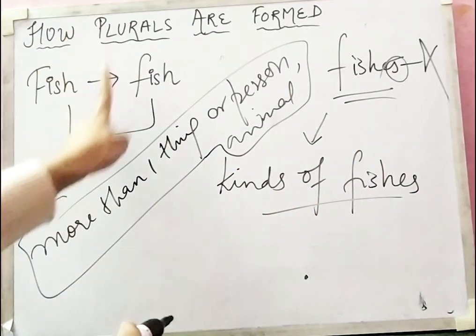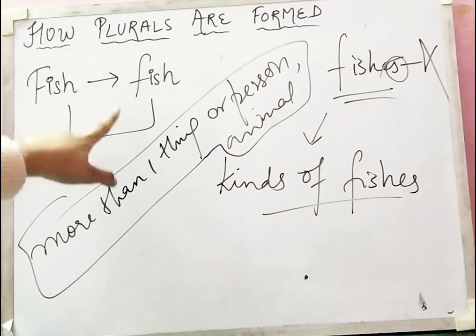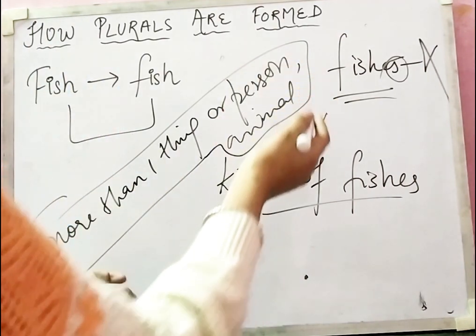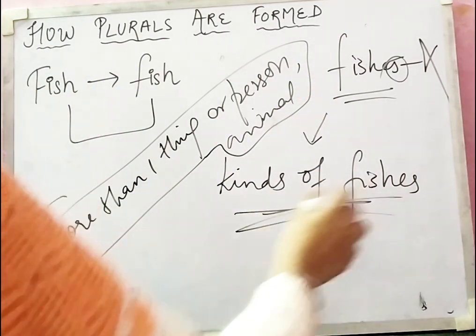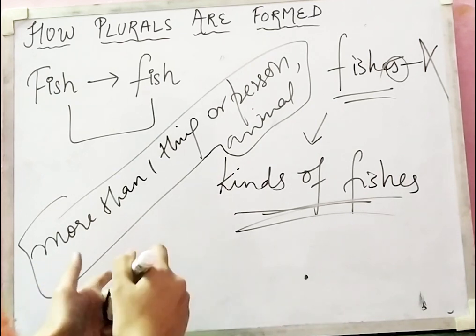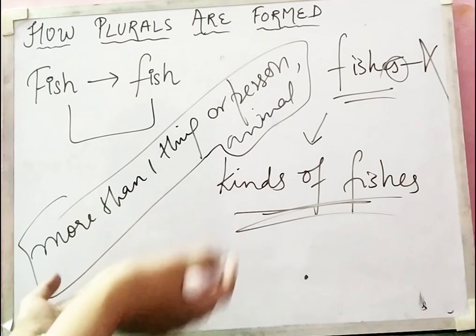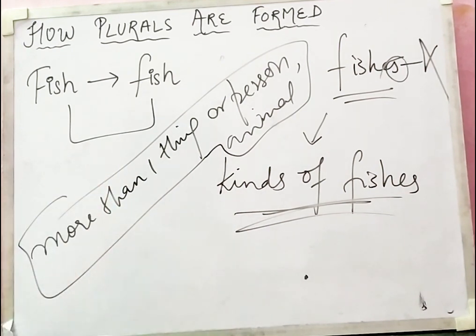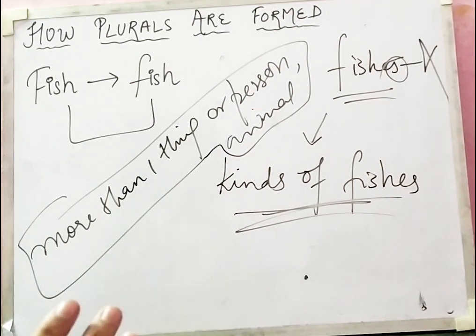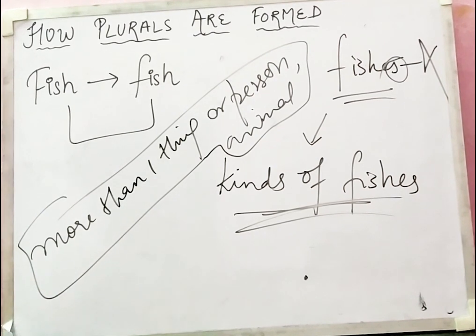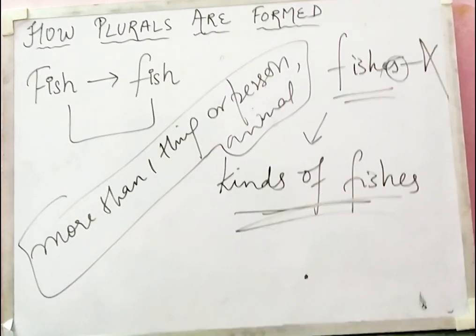No. The plural of fish will be fish only. And fishes can be denoted as kinds of fishes, that is how many kinds of fishes there are. And you all know that plural is more than one thing, person or animal, anything. More than one. So this is the concept of fish only. So now I will be telling you some more concepts.